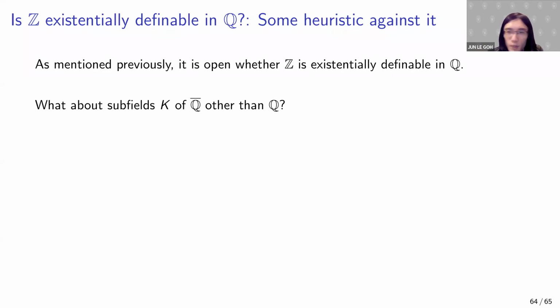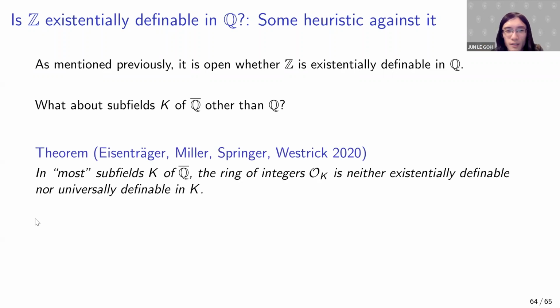This question was investigated by Eisentrager, Miller, Springer, and Westrick. This is a collaboration between number theorists and recursion theorists.